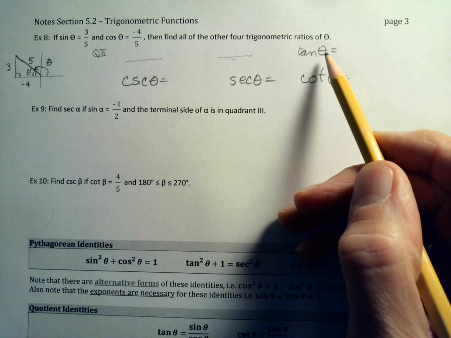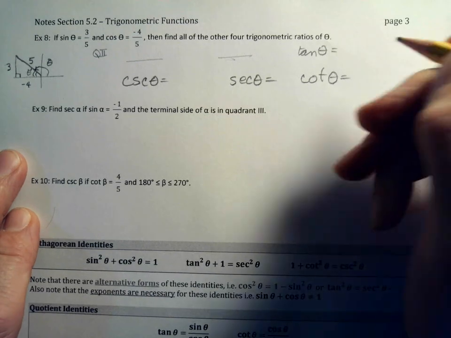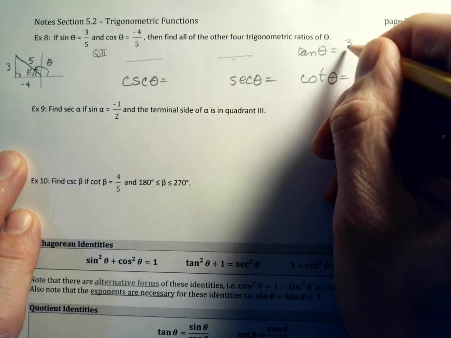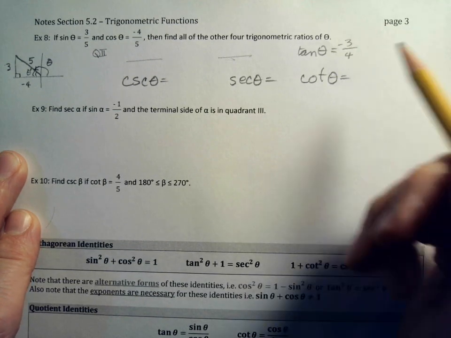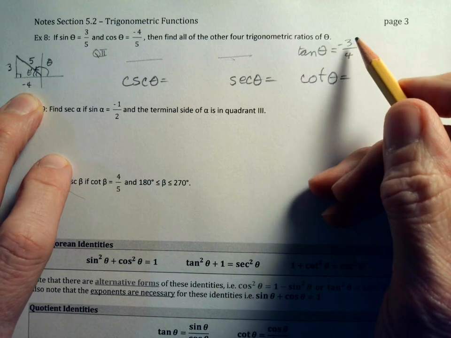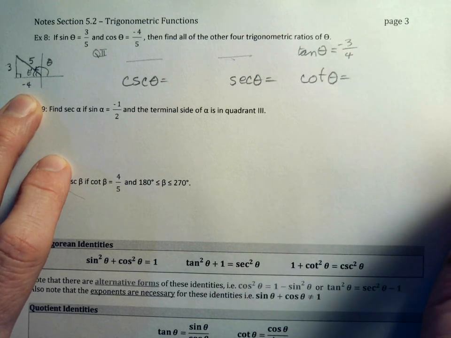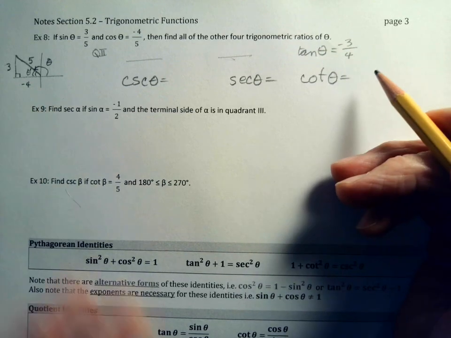All right, so the tangent. Remember the tangent is y over x. So what's y over x? 3 over negative 4. When we make the ratio, we typically put the negative upstairs, so negative 3/4, or negative 3 over 4.